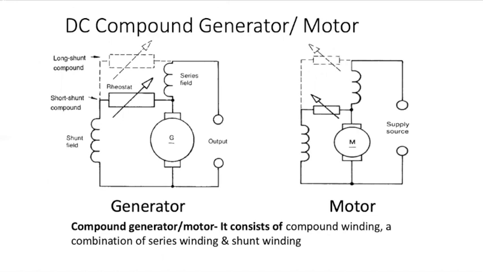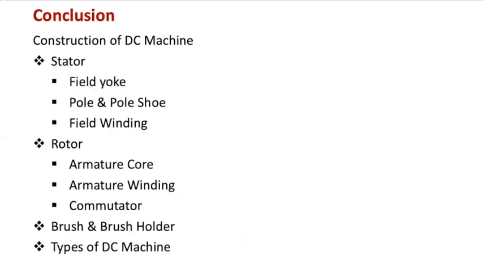The shunt winding can be connected only in parallel to the armature, or the field winding can be connected in parallel to the armature plus the series winding. So depending on that, you can have different types of DC compound machine.